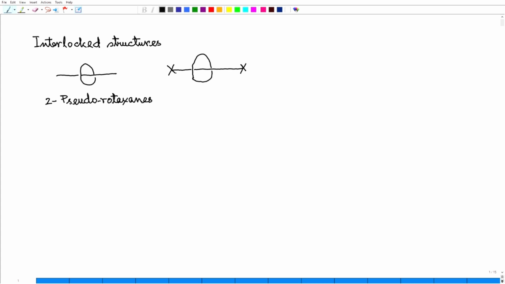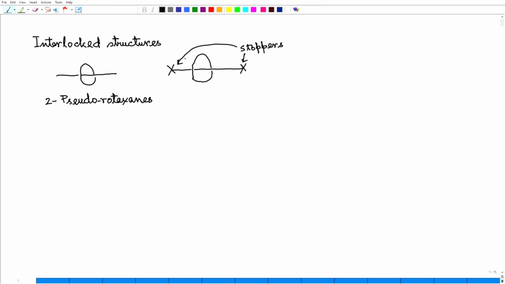So, these big groups are called stoppers, they are known as stoppers. This is a stopper and this is another stopper.